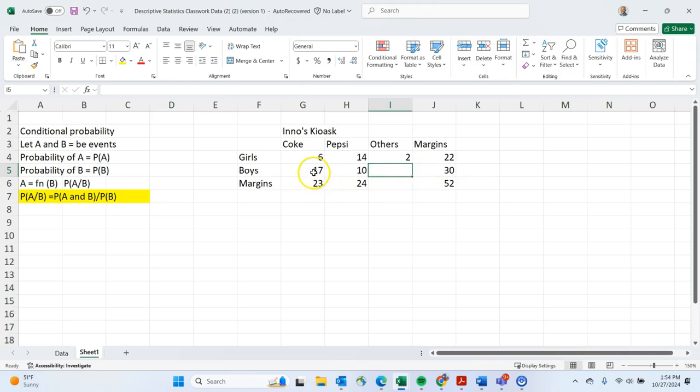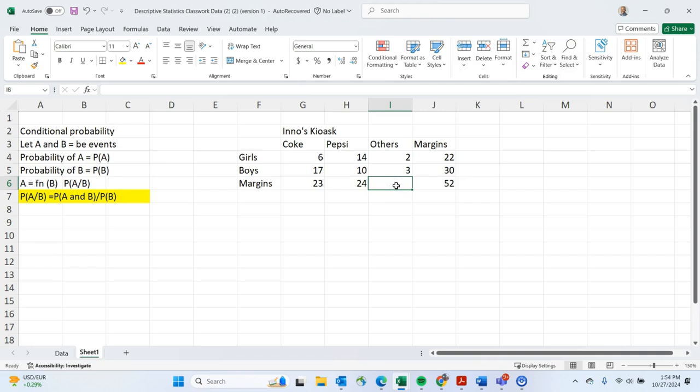The same we can do here. 17 plus 10 will be 27, and the remaining will be 30. So that means 3 will drink other types of sodas, and that will make a total of 30.